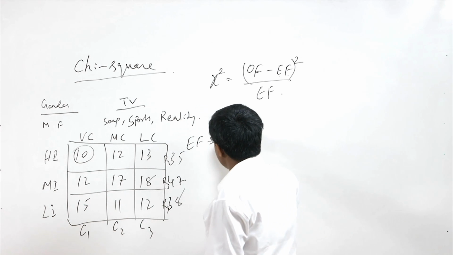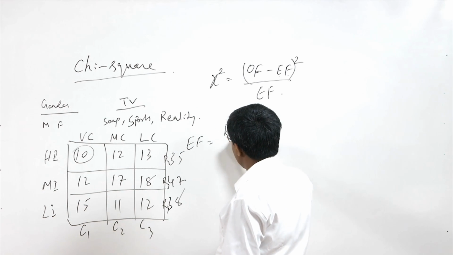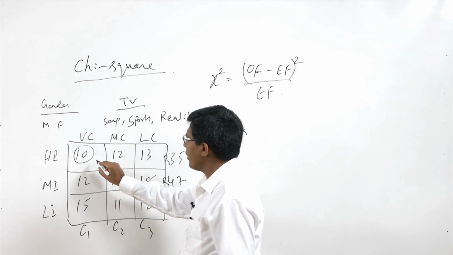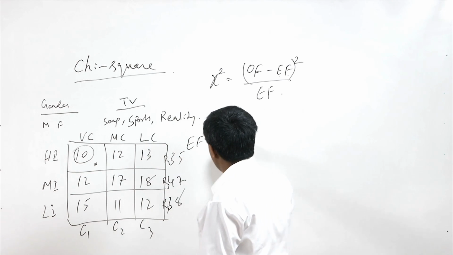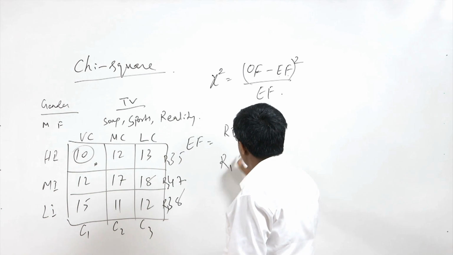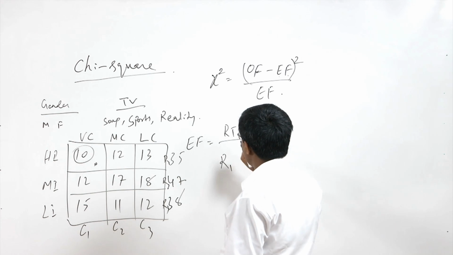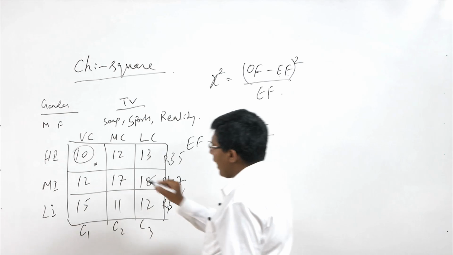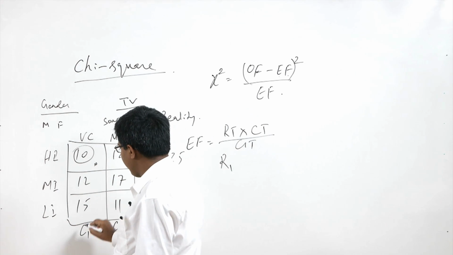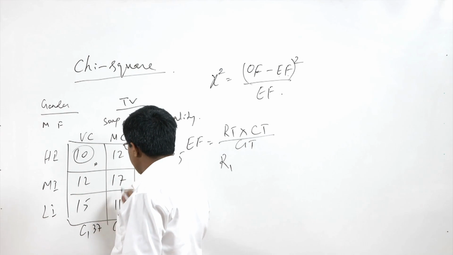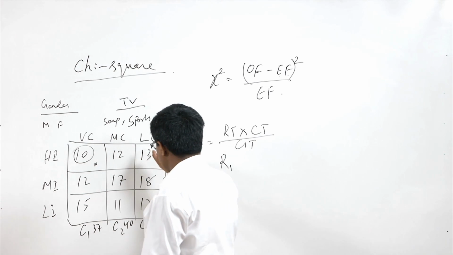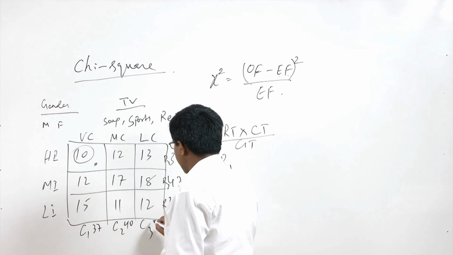Now the expected frequency is equal to the row total for that variable into the column total, divided by the grand total, okay. Let us say you are talking about this variable, R1. So in this case the totals are 35, 37 and 38 for the rows and columns, and the grand total is 120.